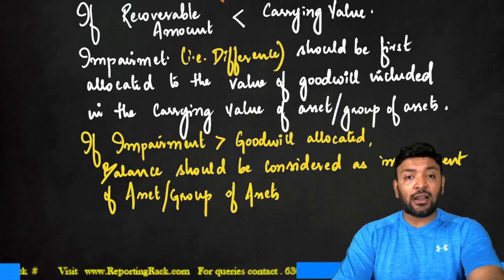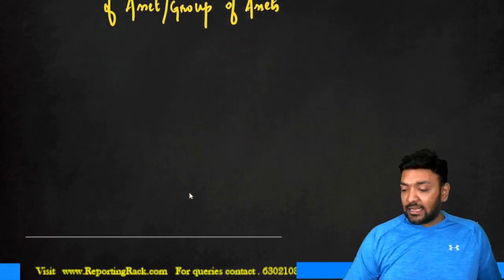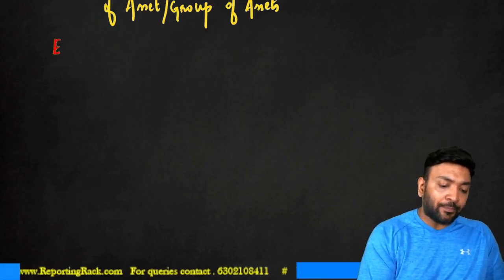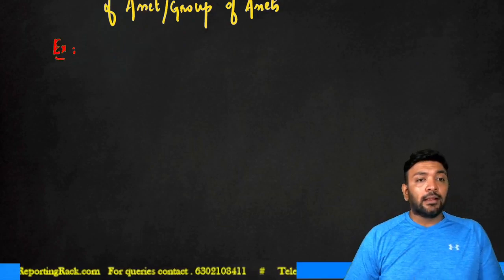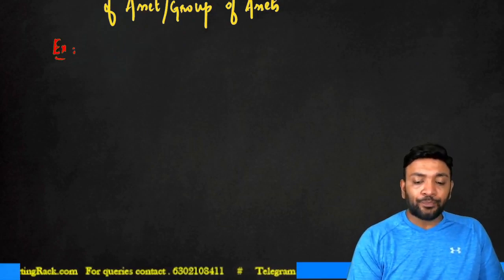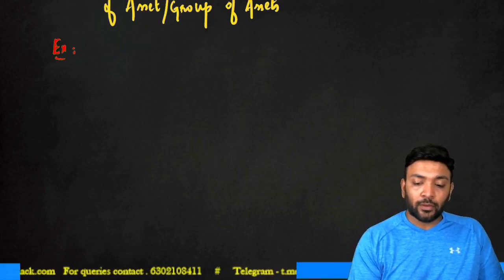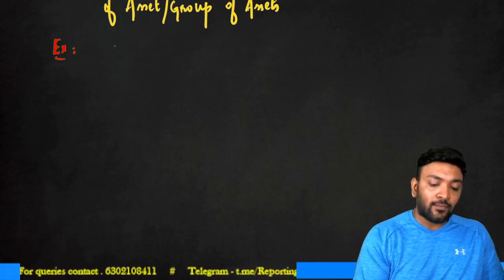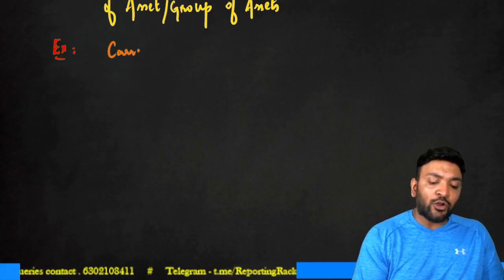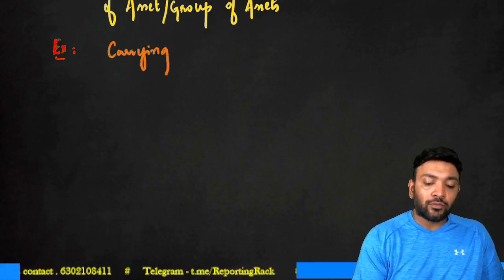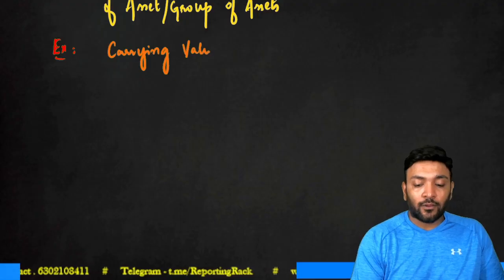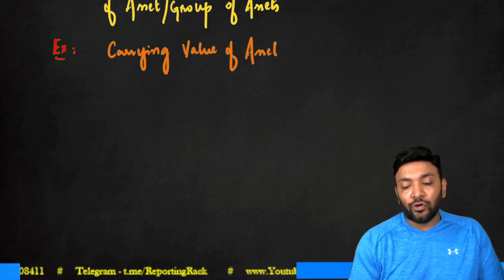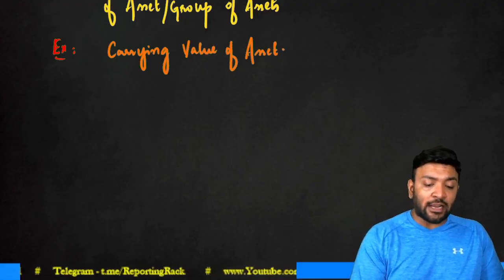Now you'll say, I did not understand yet. Then I'll give you an example. Let's say, for example, the carrying value of asset to which goodwill was allocated.